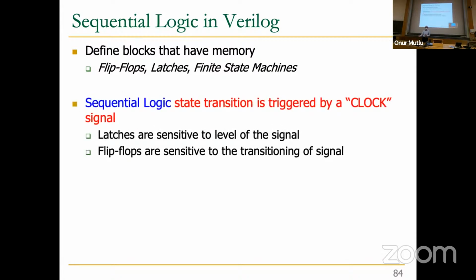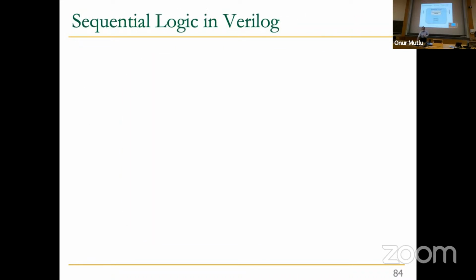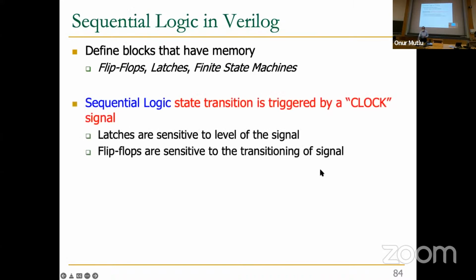And sequential logic, remember from last lecture, whenever we want to transition state, whenever we want to change the value of the storage element, which is really the state of the system, that transition is triggered by a clock signal, right? That's what we said we're going to assume in the rest of this course. There's synchronous state transitions. We're going to assume synchronous logic in the end, or synchronous design.